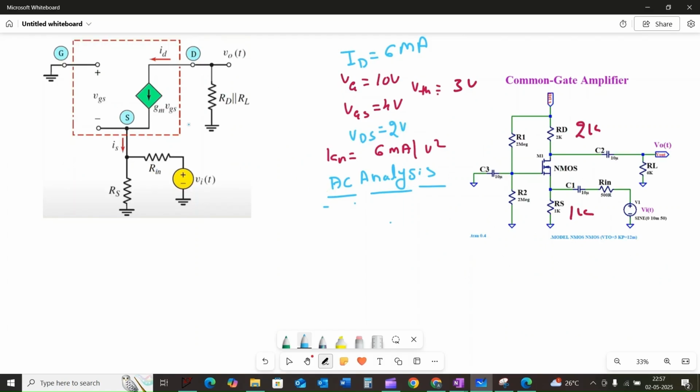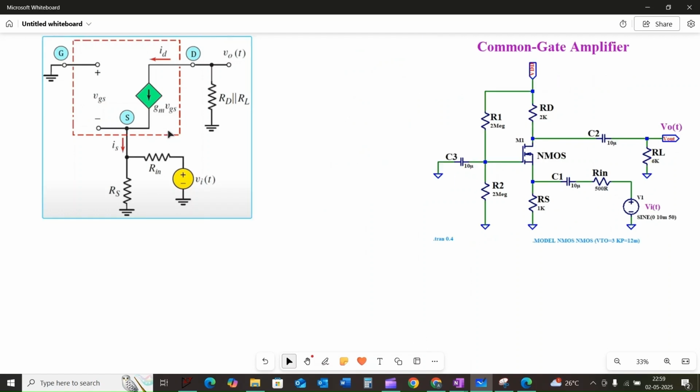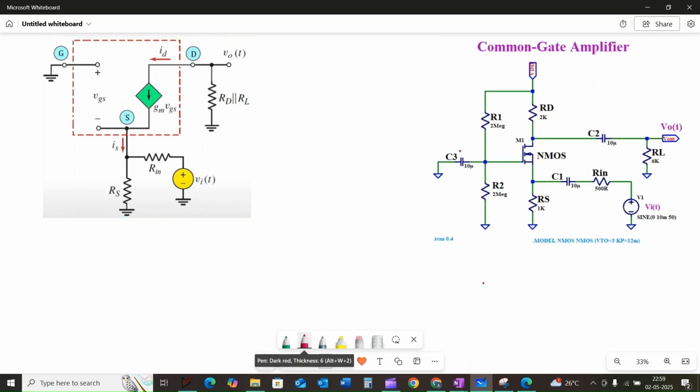We use the small signal model for this. Notice that the capacitors are considered as a short circuit in the AC analysis. This simplifies the circuit. For example, the capacitor C3 shorts the gate to the ground. This is our simplified circuit. This C3 shorts the gate terminal to the ground, and VDD we also consider as an AC ground, which simplifies how the resistors are treated.